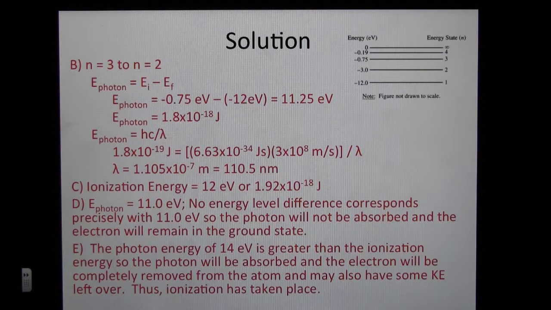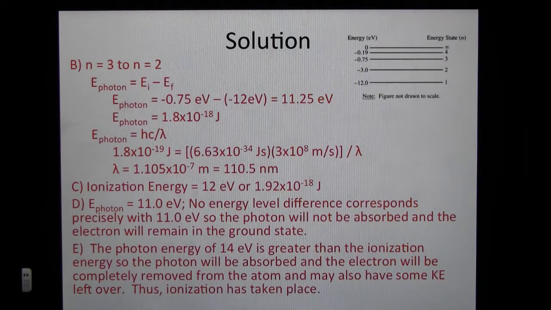But if the photon energy is 14 electron volts, larger than the ionization energy, it will still be absorbed, and the electron will be completely removed from the atom. And because the energy is larger than the ionization energy, the electron may also have some leftover kinetic energy. Thus, ionization does take place.